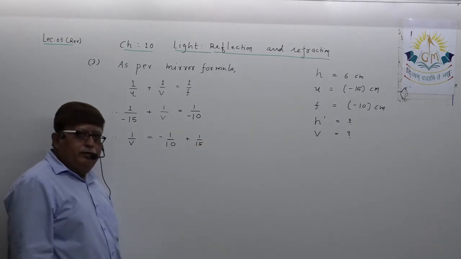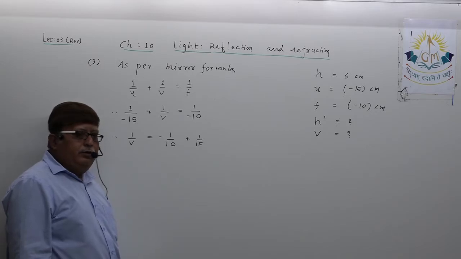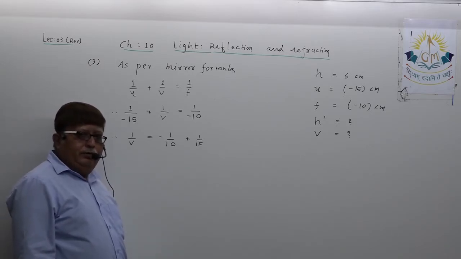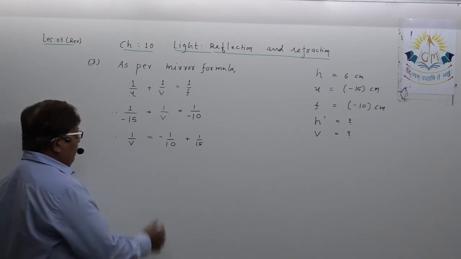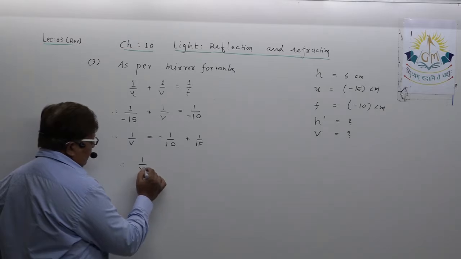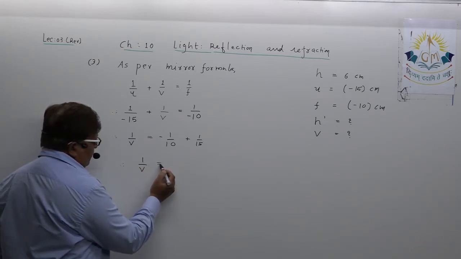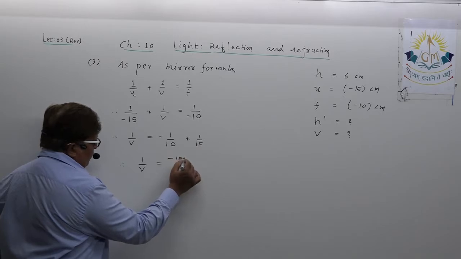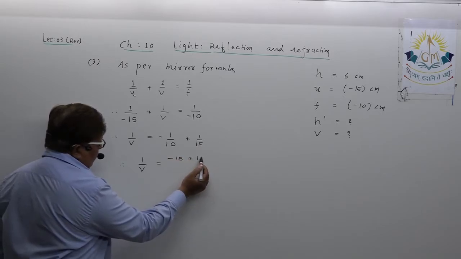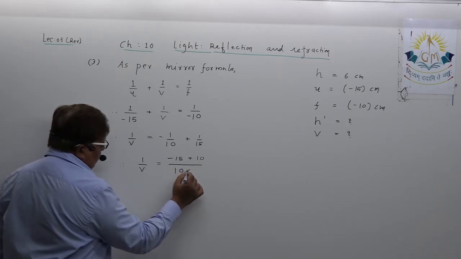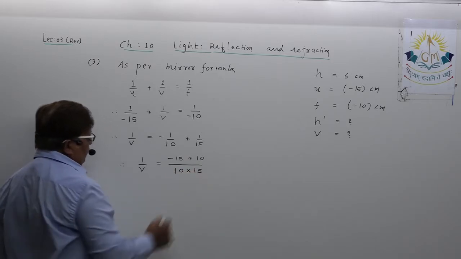You understood this? Taking LCM involves some simple calculations: 1 upon V, just cross multiplication, minus 15 plus 10 upon 10 into 15.